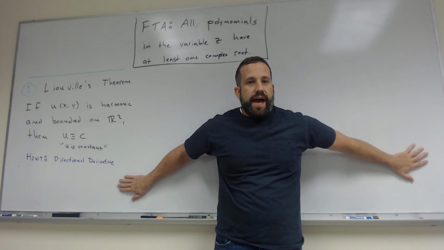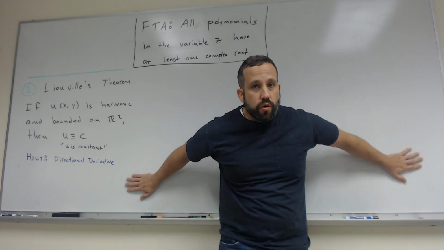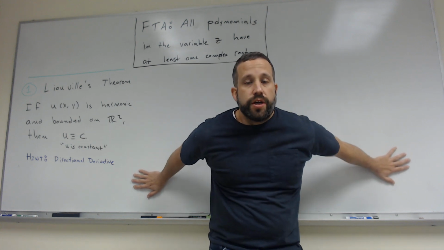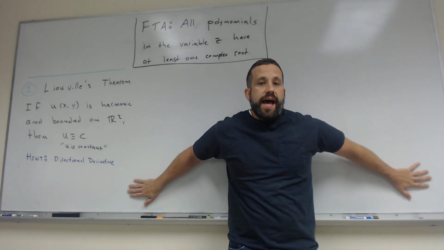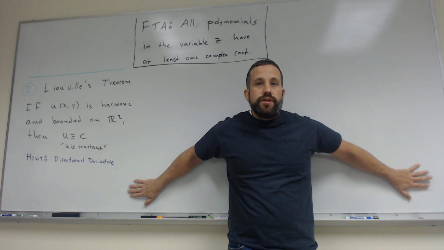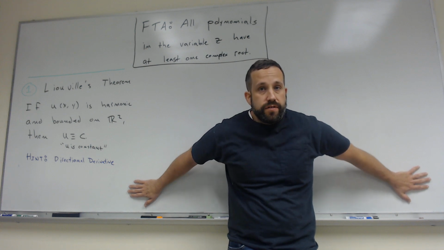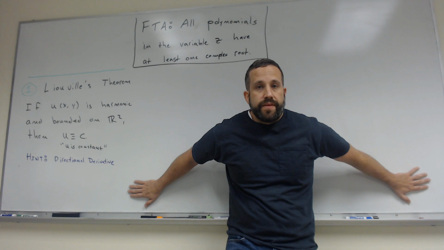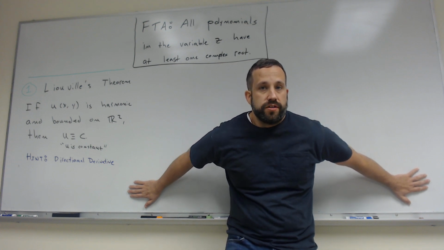Well, you're going to use the fact that if u is harmonic, then its x derivative and its y derivative are harmonic. So you can use the mean value theorem to write the directional derivative of u as an integral over a circle. Then you can use Green's theorem to convert that to an integral over the boundary of a circle.